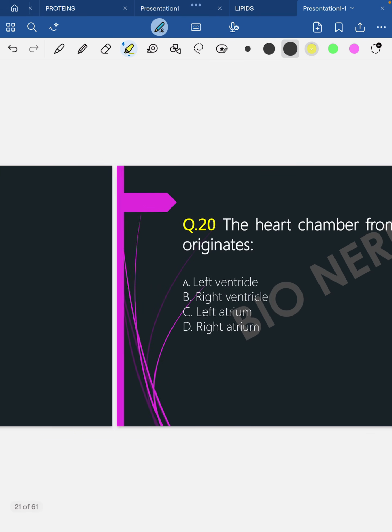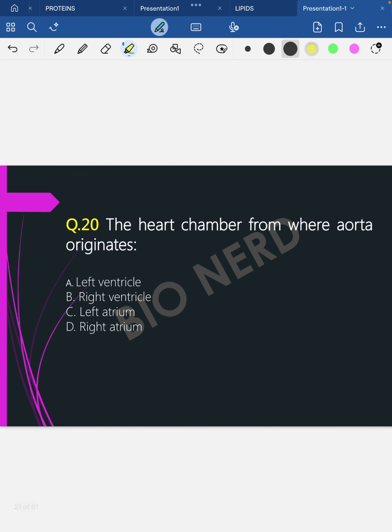20. The heart chamber from where the aorta originates. Very, very simple. You know very well, the aorta receives oxygenated blood and transports it to all body parts. Now you know very well, on the left side of the heart oxygenated blood is present.